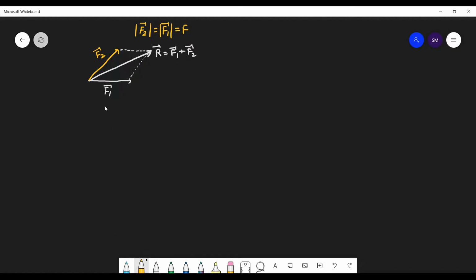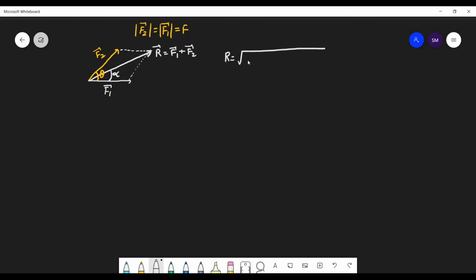Now the angle between F1 and F2 is theta. And the resultant is making an angle alpha with F1. Now what will be the magnitude of this resultant? You know the formula.